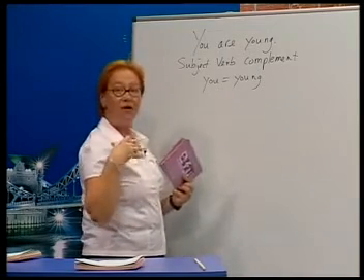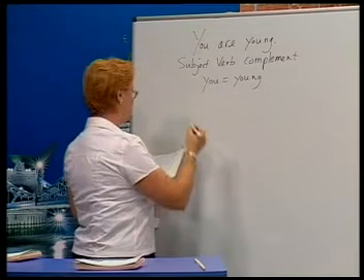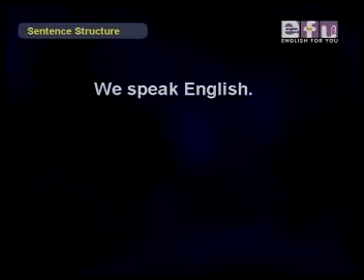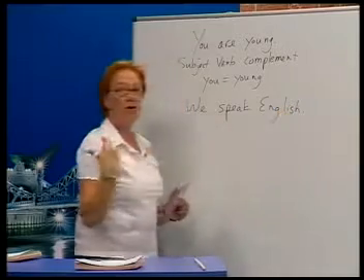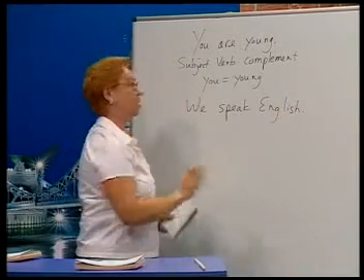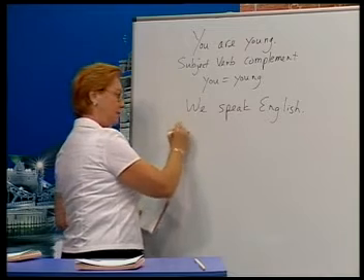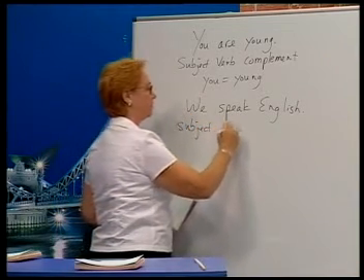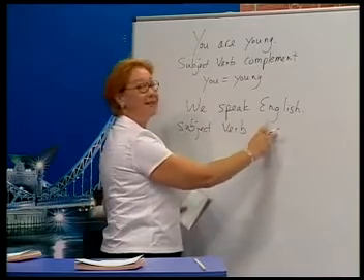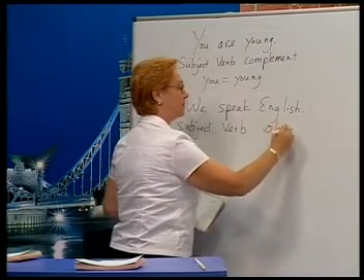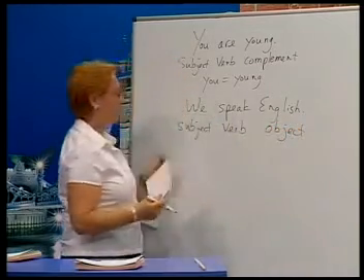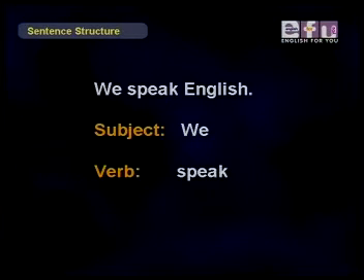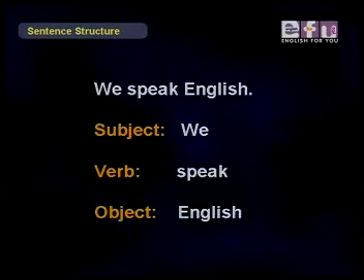Now, I want to talk about another kind of sentence structure, the similar. We speak English. Now, subject, verb. This is an object. So we, subject, speak, verb, English, object.